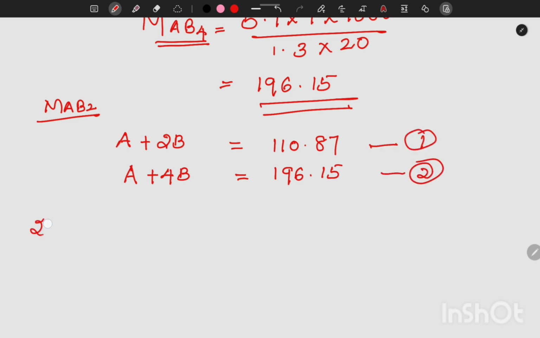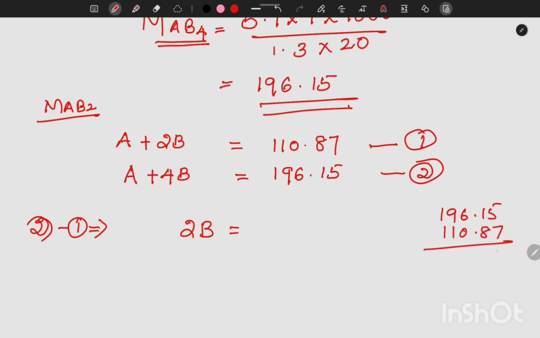Now we can do equation 2 minus equation 1. So A and A we can subtract, 0. 4B minus 2B we will get 2B is equal to 196.15 minus 110.87. So we will get 85.28.